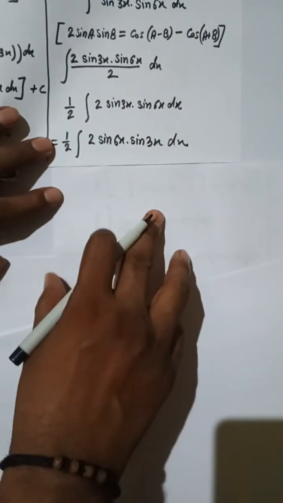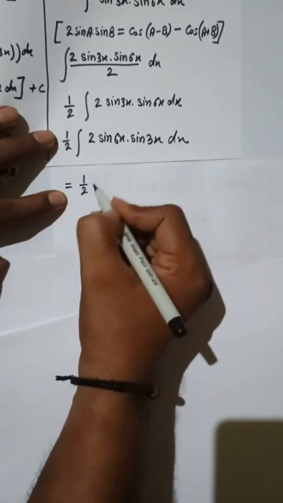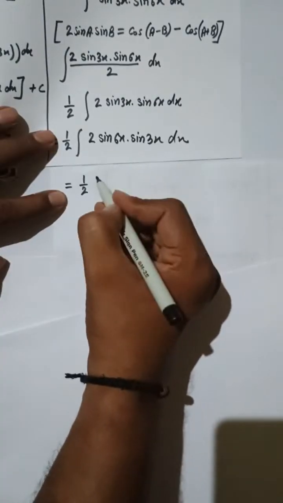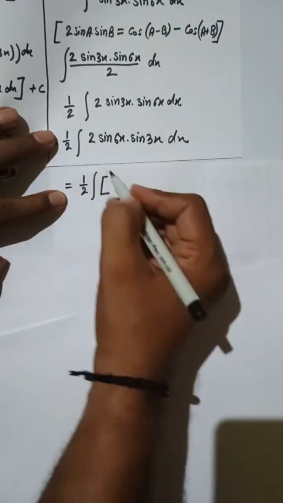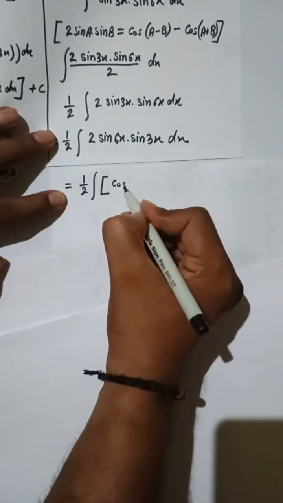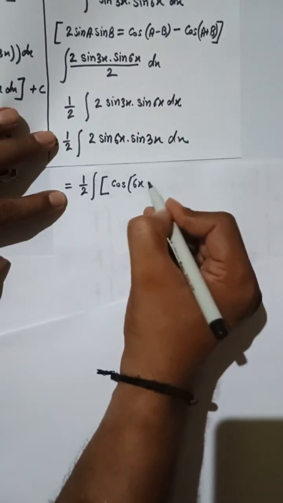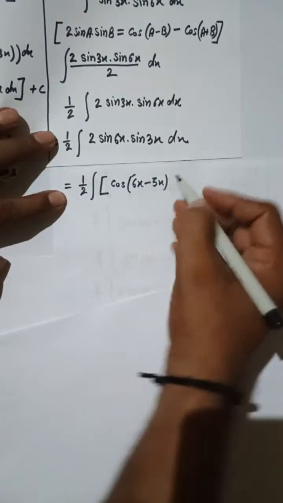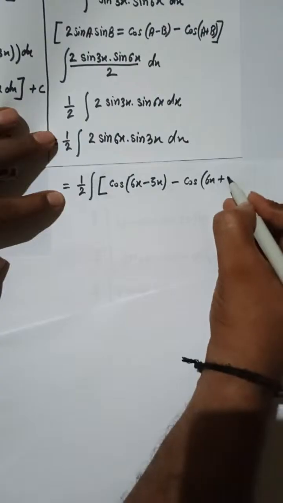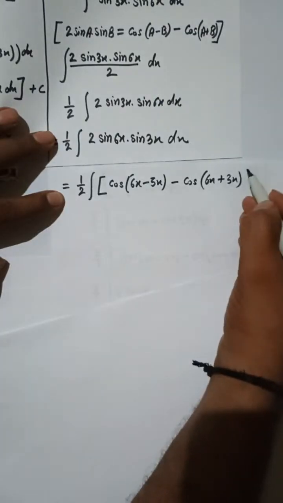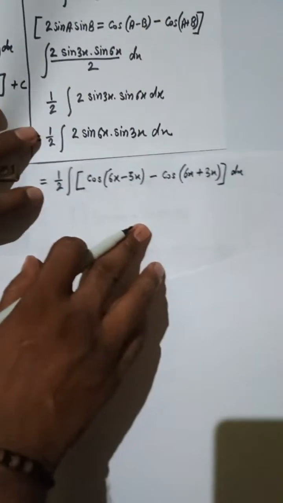So we have 1 by 2 integration. The transformation is cos, since both are sine: cos of 6x minus 3x, negative cos of 6x plus 3x, then dx.